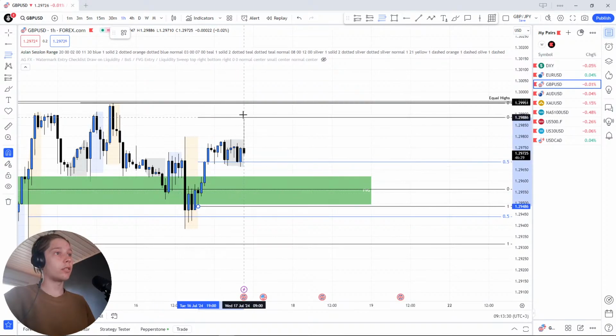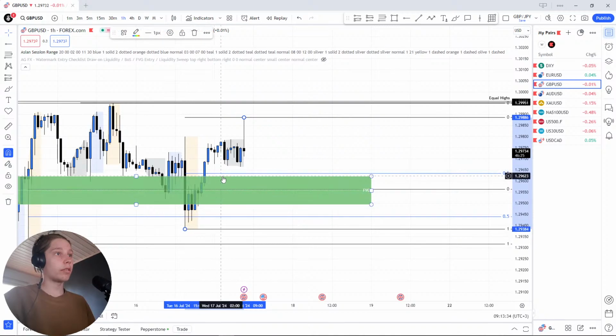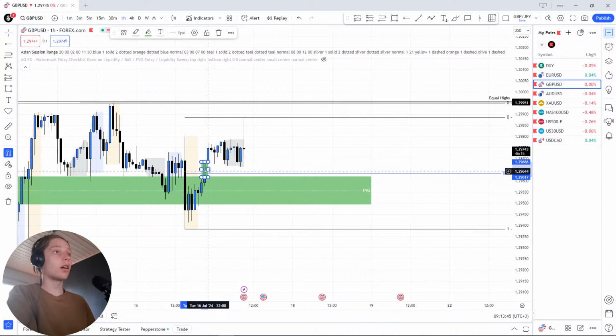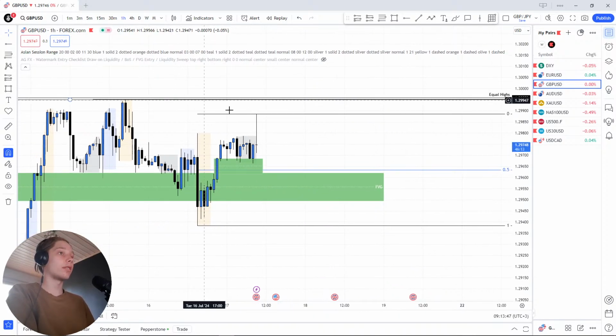Draw the range. We see that the equilibrium is somewhere here. How I would utilize it is, see this fair value gap. I'm just refining the points of price where I would be willing to go long.